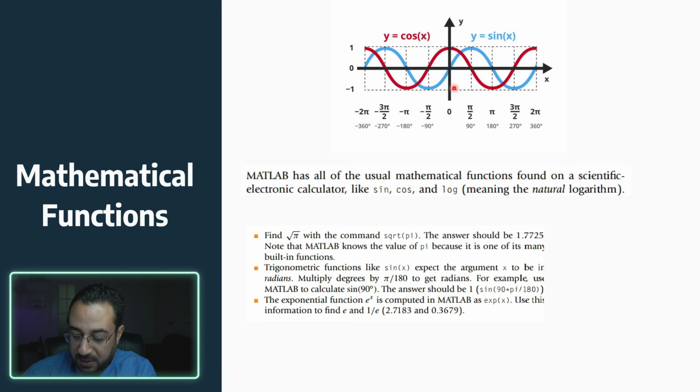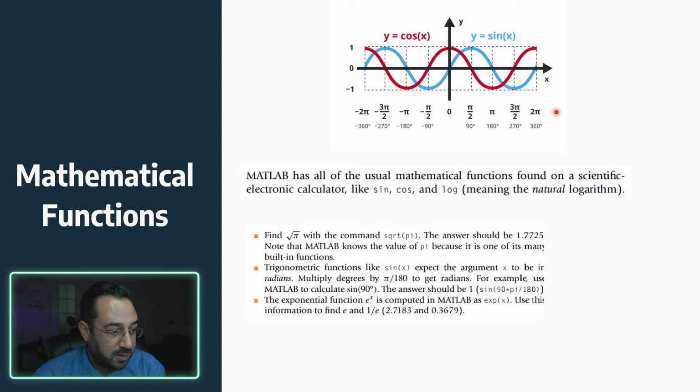Try again, what is the square root of 9? sqrt, between parentheses, 9, should get you the value of 3. Now let's jump into trigonometric functions, that's sine x, cosine x, and so on. Let's assign x a certain value in radians, then try to find the sine for that.